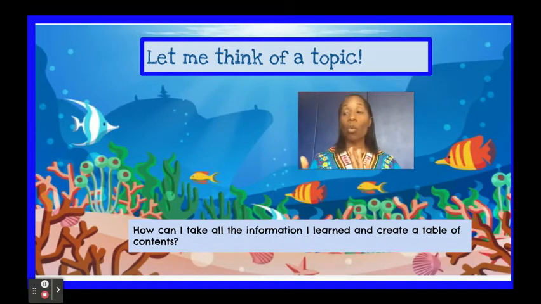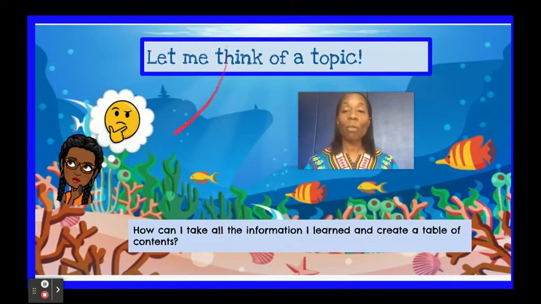You can write about whales. You can write about dolphins. You can write about sharks. You can write about whatever you want to write. The only thing I'm really asking scholars is that it's nonfiction. And then we have to ask ourselves the question, how can I take all the information I learned and create a table of contents? So put on your thinking caps and think of the topic you want to write about.